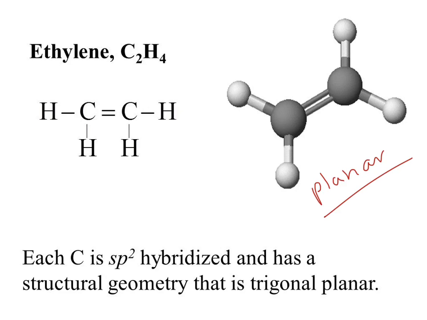We have trigonal planar. Anytime you see bond order 2 or 3 like this, there's no rotation. I haven't said that before, but there's no rotation. There generally is rotation around a single bond. And so that molecule lies in a plane.